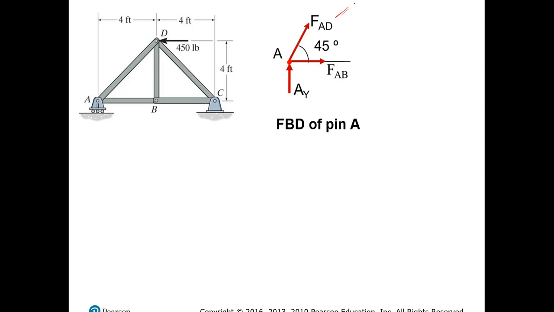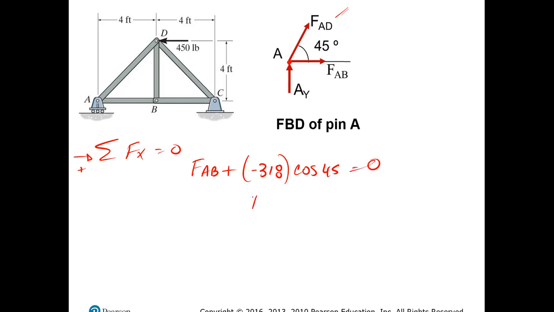So if I analyze point A, and I go with the sum of forces in the x direction equals 0, I will realize that FAB is positive plus, and then this is the value that I will put in a negative way, that multiplies the cosine of 45, and I know that this one is equal to 0.